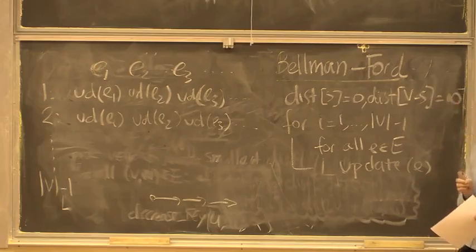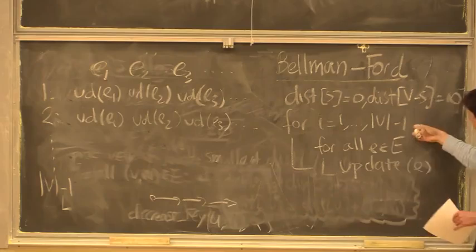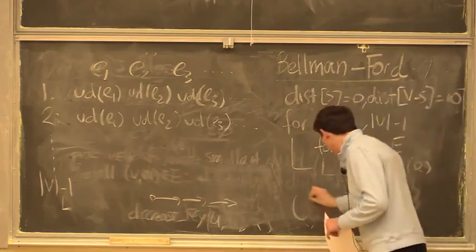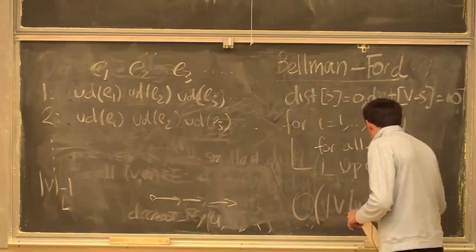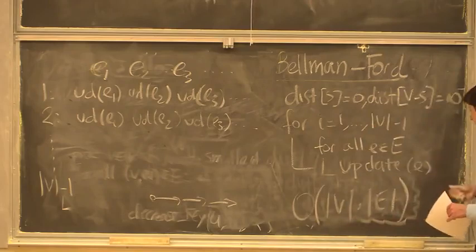A little bit more than V squared. It is V times E, right? Because the one loop is V, and the other loop is E, right? So the running time of Bellman-Ford is order of V times E. OK? It's pretty direct accounting.